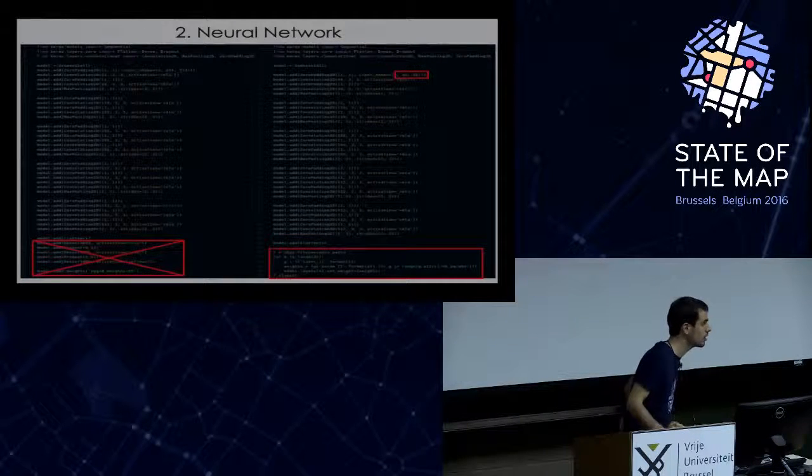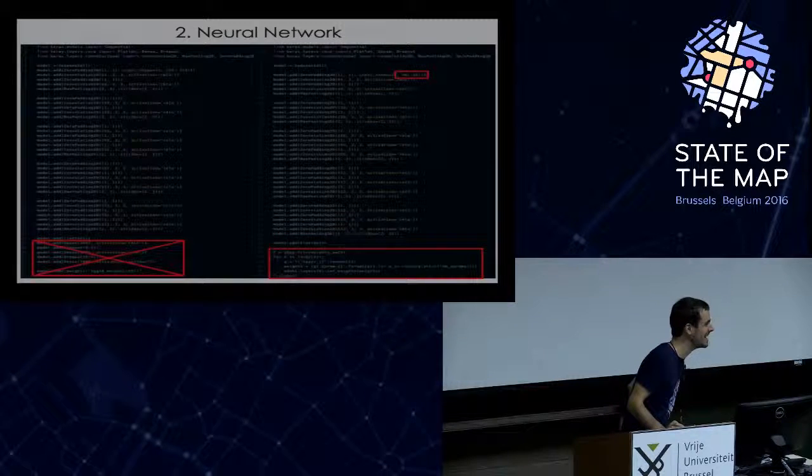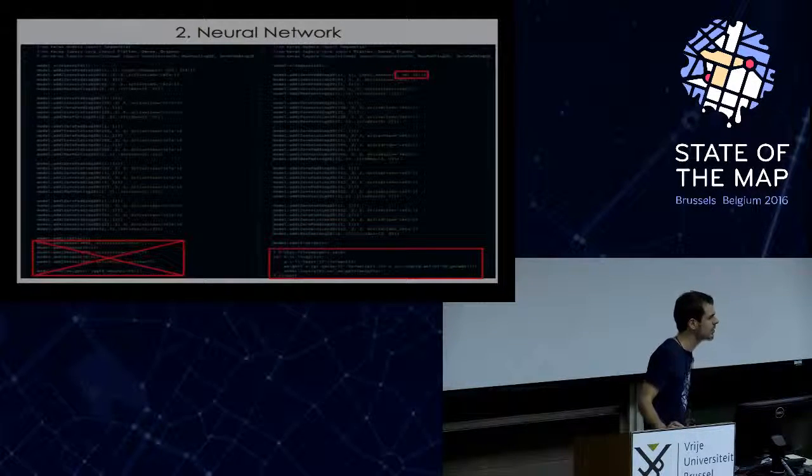Okay, but the question was, are you using Bing images or Mapbox images? Mapbox images, and a big thank you to Mapbox because we gathered over 1 million images by their API. Okay, because this is why I was interested.